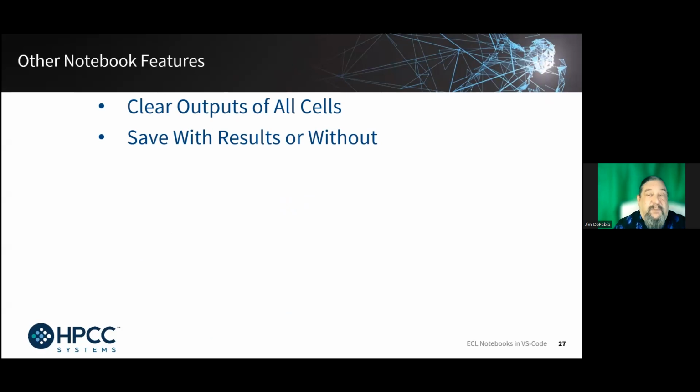The primary difference is that saving it without results will create a smaller file, but if you save it with results, the person you're sharing it with won't have to run it, they can just look at it. But if you want to give it the most effect, that hands-on demo, you want them to be able to execute it themselves.